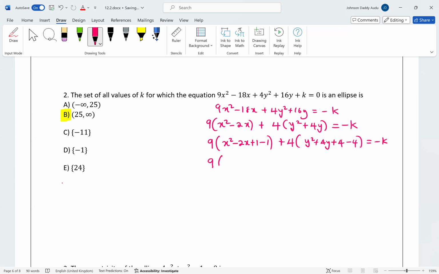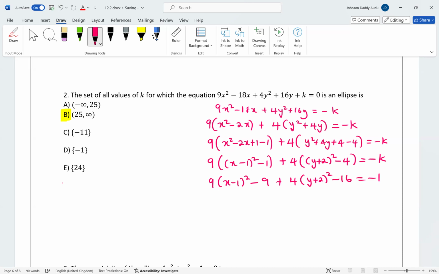Now you will have 9 times x minus 1 squared minus 1, plus 4 times y plus 2 squared minus 4, equals minus k. Now you take this 9 inside: you have 9 times x minus 1 squared minus 9, plus 4 times y plus 2 squared minus 16, equals minus k.